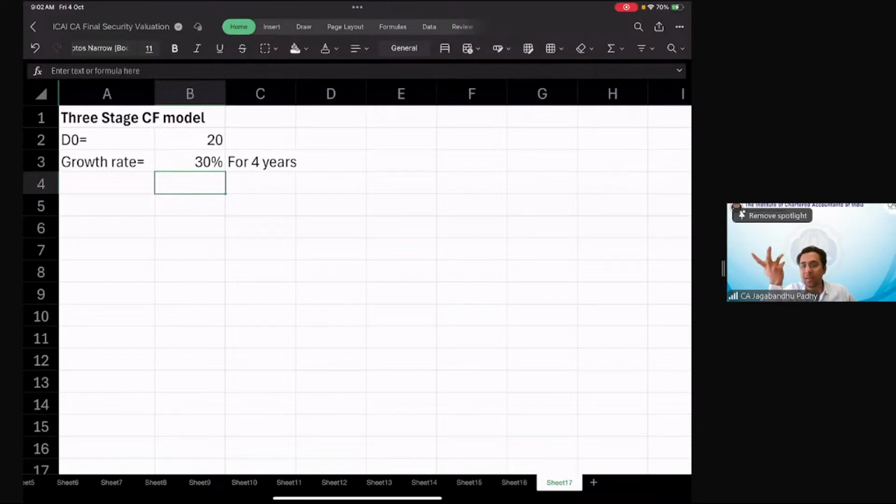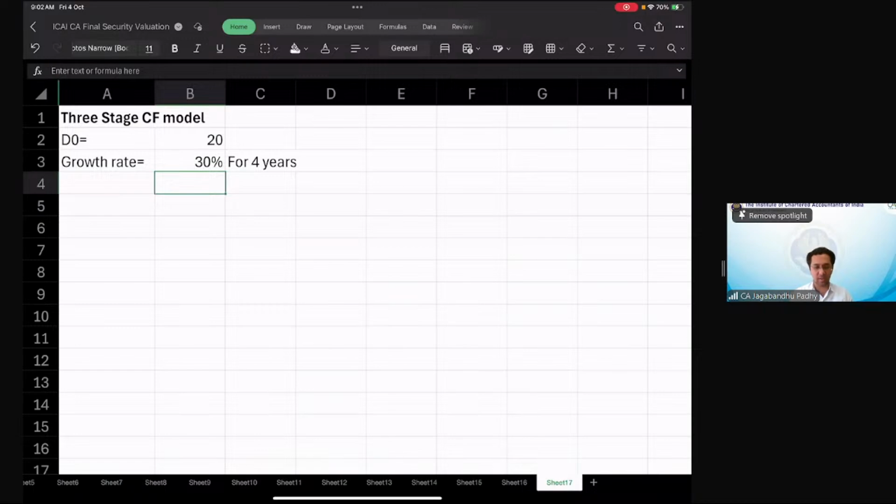Just think practically. Previous year, you were having a growth of 30%, and suddenly this year you have a lower growth rate of the cash flow. Is it possible? Up to 4 years it is 30%, and then after that it is going to slow down. The growth rate is going to reduce bit by bit, part by part.